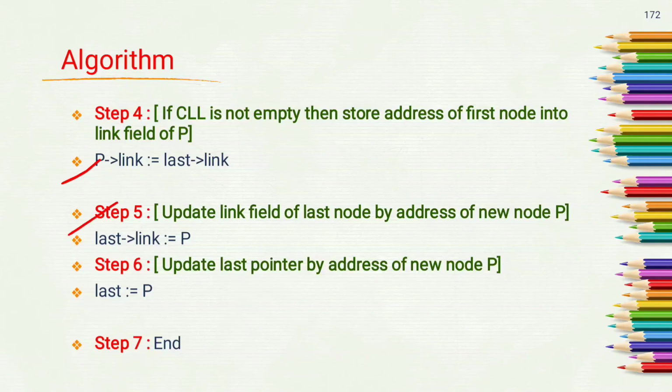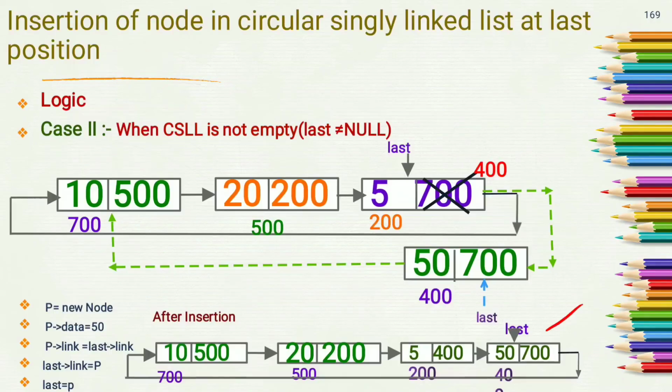In step 5 we update link field of last node by address of new node. So we have to write last arrow link equals to P, and in step 6 we update the last pointer by address of new node P. So we have to write last equals to P, and step 7 is END. These steps I explained in case 2.